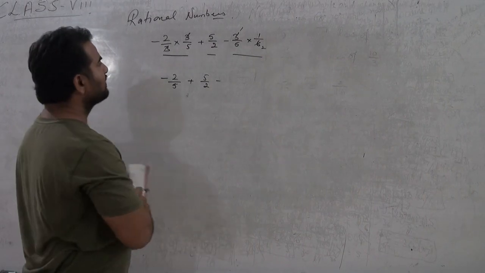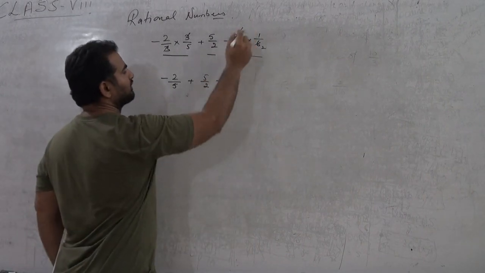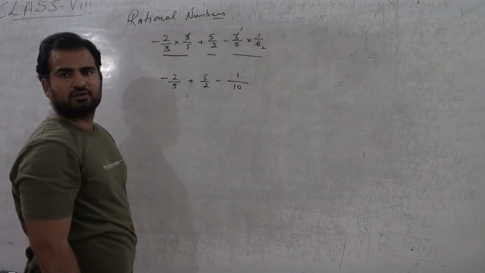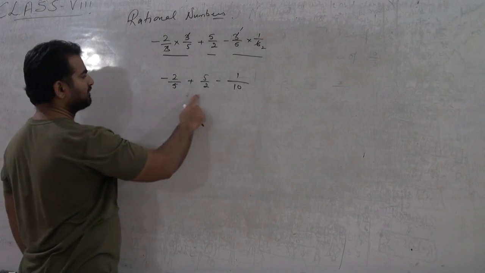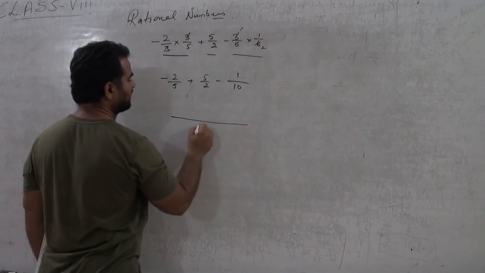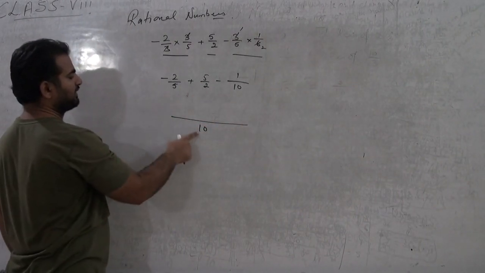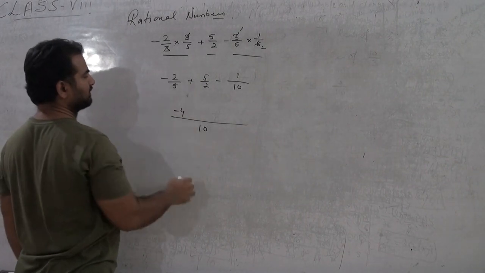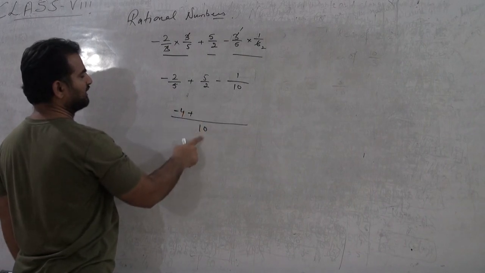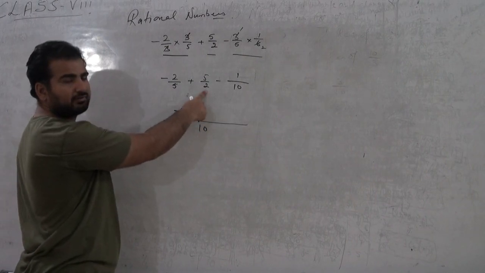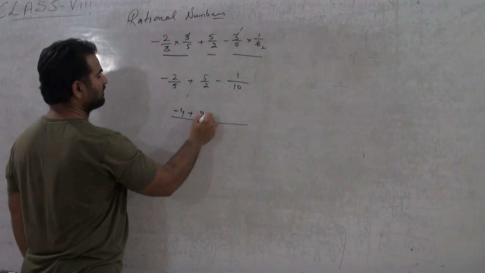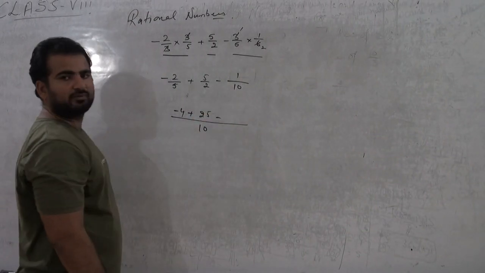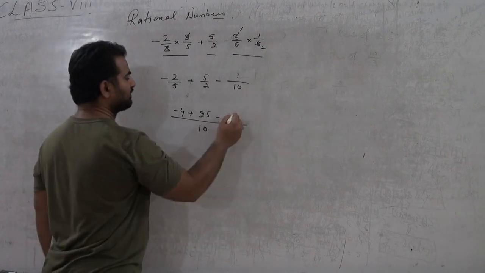Okay, so it will be 1 into 1, 1, and 5 into 2, 10. The LCM of 5, 2 and 10 will be 10. When 10 is divided by 5, it will be 2, and 2 into 2 will be minus 4, plus 10 divided by 2, it will be 5. 5 into 5, 25, minus 10 divided by 10, it will be 1, and 1 into 1 will be 1.